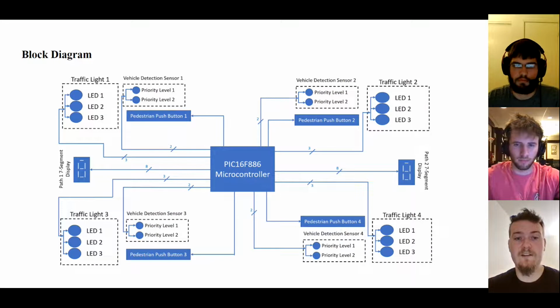This is the block diagram showing that the upper left, upper right, bottom left, and bottom right each had 3 LEDs showing red, amber, and green. There were 2 priority sensors, which were the push buttons, 1 push button in each corner for the pedestrians, and then 2 7-segment displays were also there.